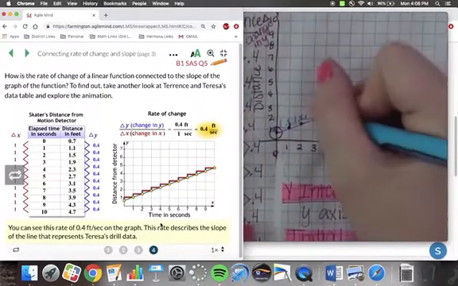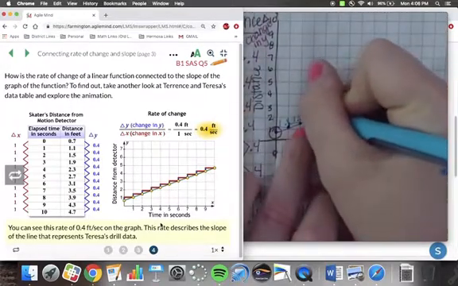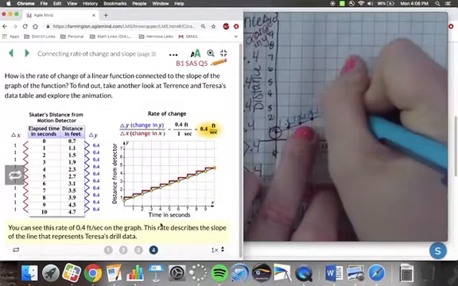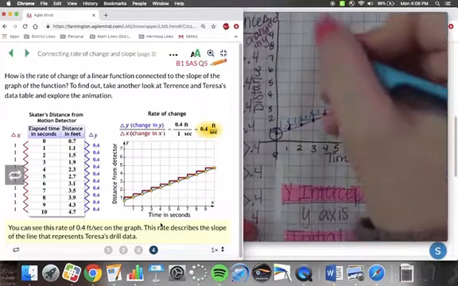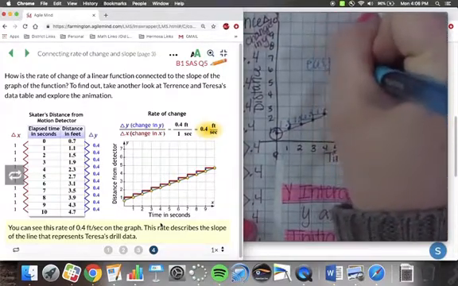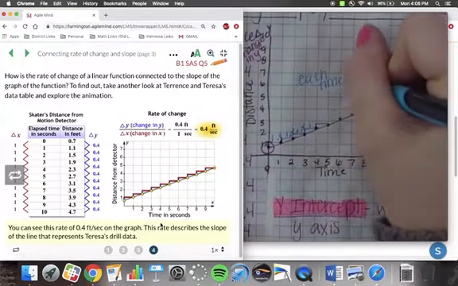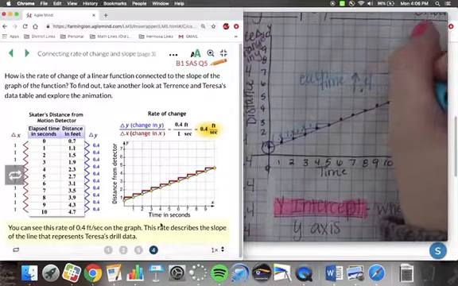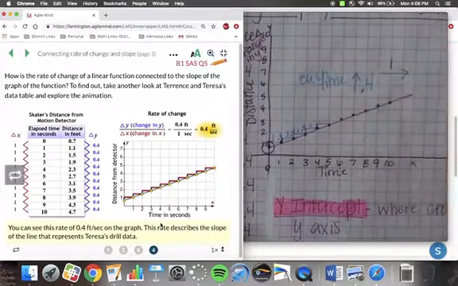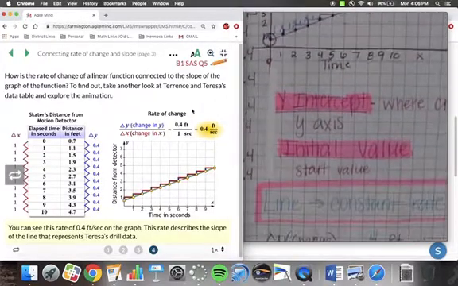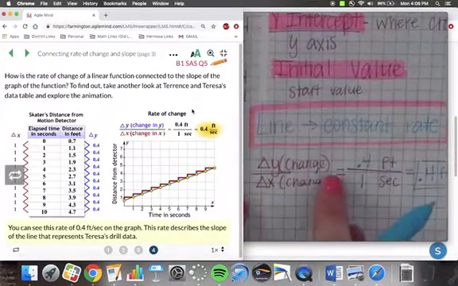It's kind of hard to see that. So each time it went up 0.4 over 1. So that is the rate of change.